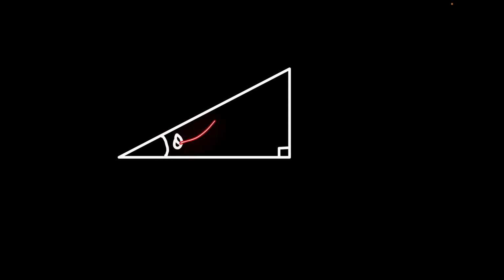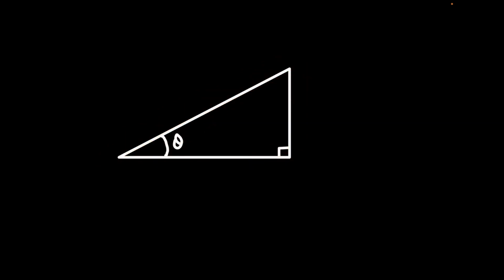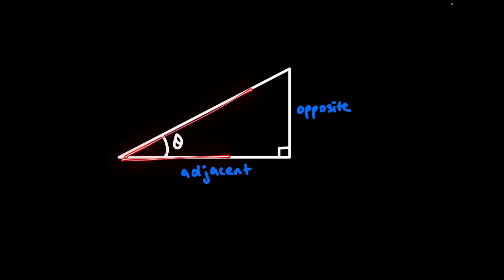The sides of this right angle triangle are associated with a name in relation to this angle. We have the side that is opposite to theta, that is conveniently called your opposite side. We have the side that is adjacent to theta, which is the adjacent side. But you may be asking, aren't both these sides adjacent?